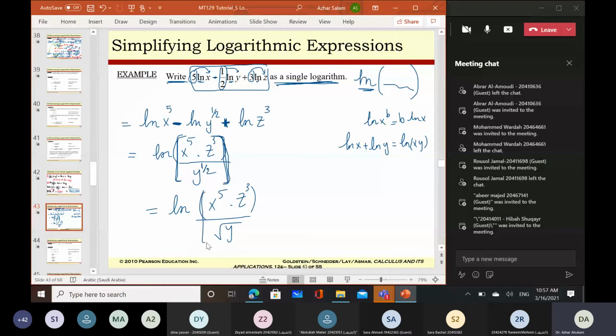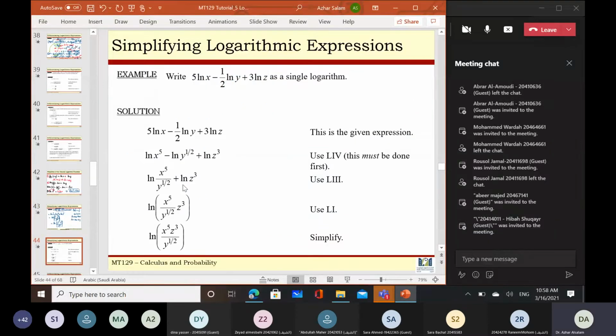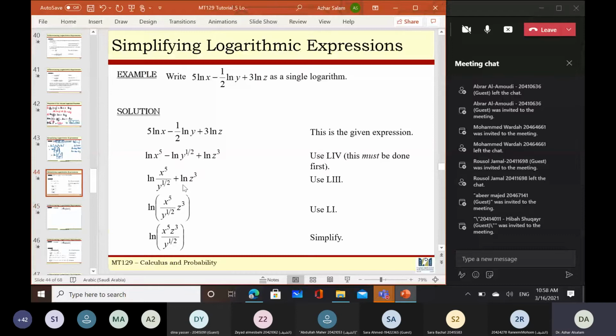Again, the brackets are on all the rational part. Just to clarify the division, ln x minus ln y is equal to ln of x divided by y. This is the same result, but we simplify more here. Y to the power half is equal to square root of y.